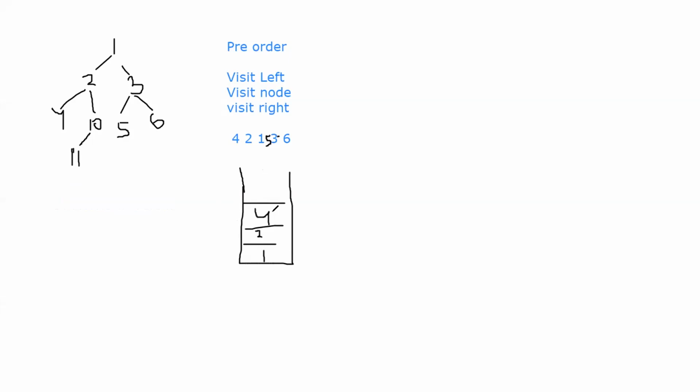So initially I need to build my stack from 1 to 4, and after that the first answer would be 4. I can remove this from my stack, and now 4 does not have a left and right. I can remove another element from the stack, which is 2, and put it in my answer list.